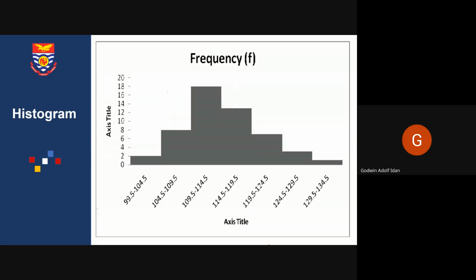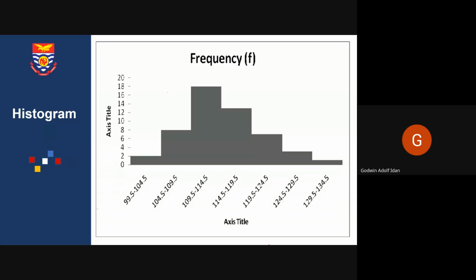Then from the bar chart, we moved on to the pie charts. In the pie chart, we represent the entire data by dividing a circle into various segments that each represent a particular set of data within the entire data set.